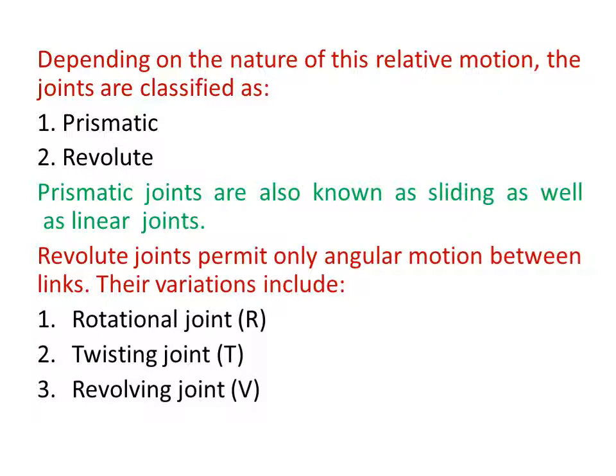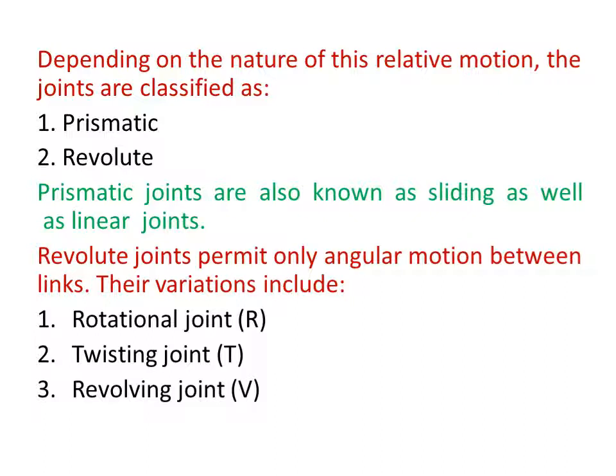It is in the shape of a prism, and they permit links to move in a linear relationship. These joints have a sliding motion, where one body slides on another body. For example, in the crank and slider mechanism, the slider has a prismatic joint.